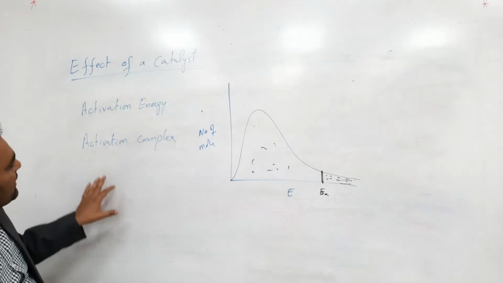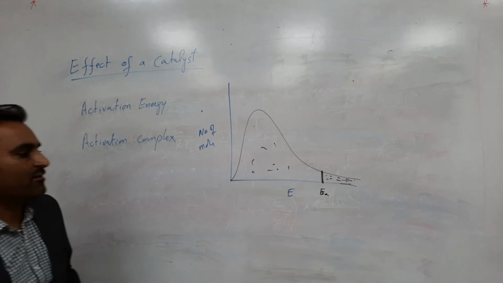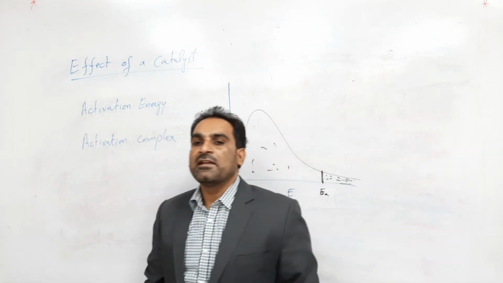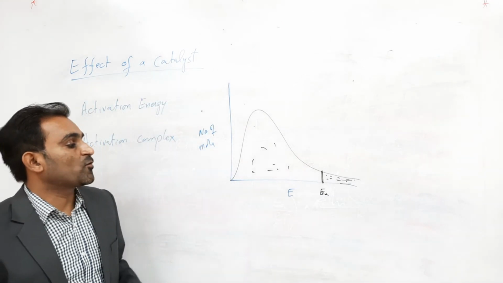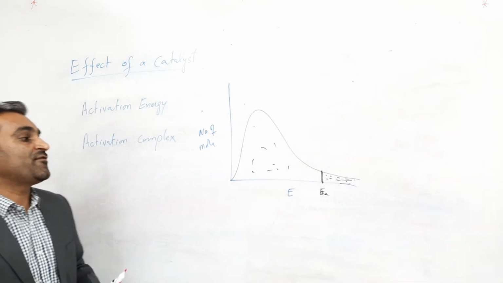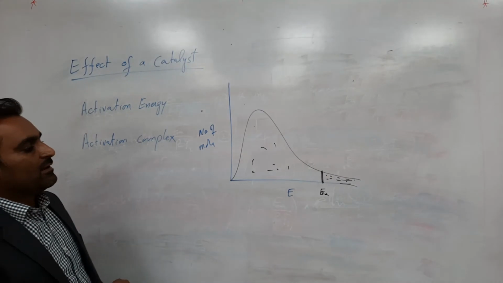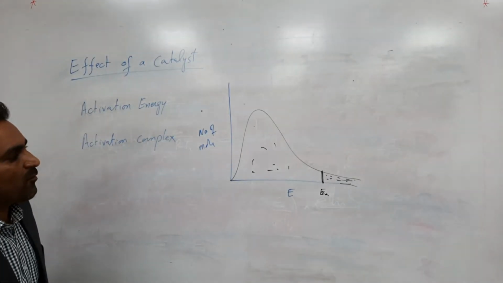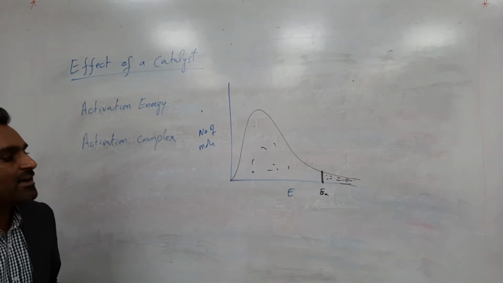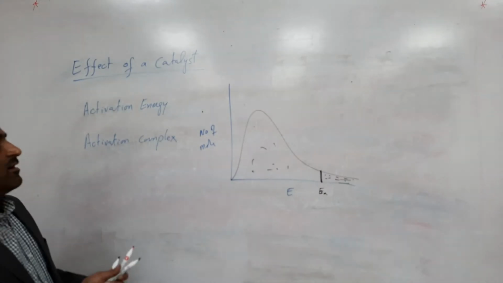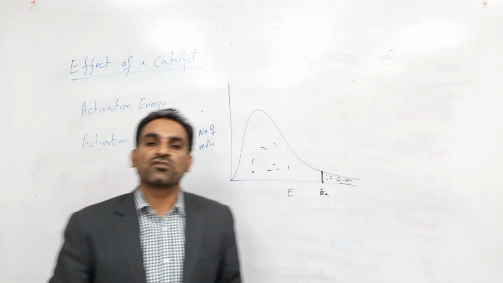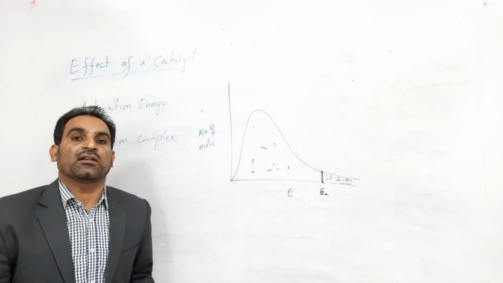Now, increasing the rate of reaction means you will have to increase the number of collisions. Which collisions? Effective collisions. A catalyst actually provides you a different, alternative path, the path whose activation energy is lower.